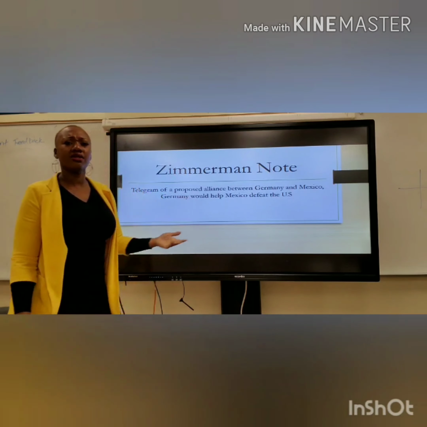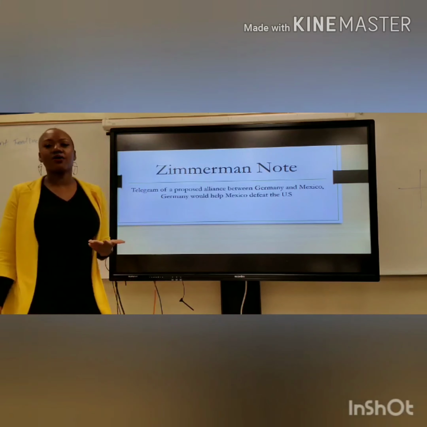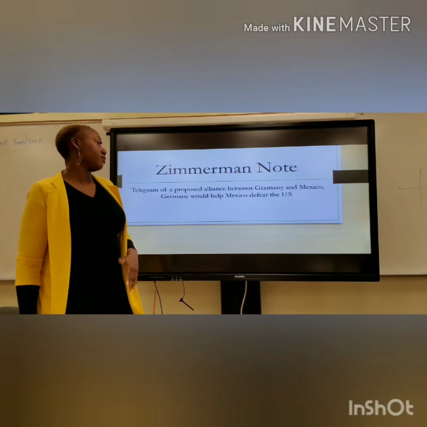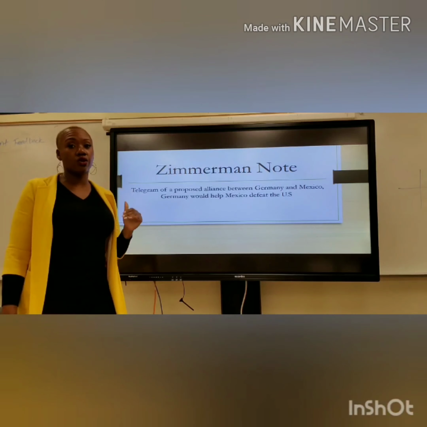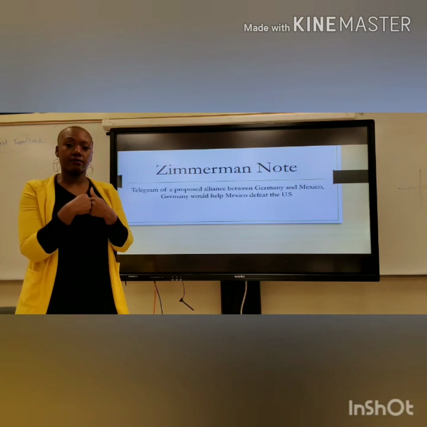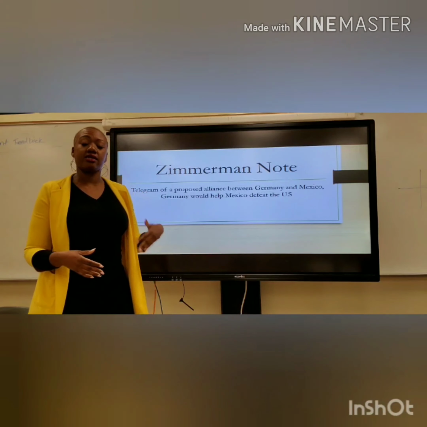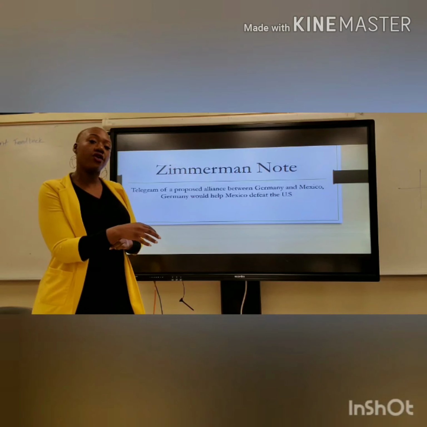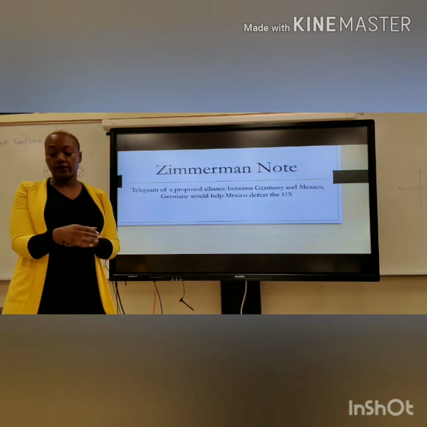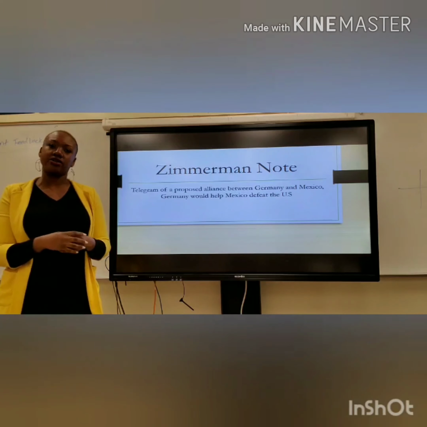So the Germans hollered at the Mexicans and were like, look, we already know y'all don't like the U.S. You're right next door to the United States. So we should link up and join forces to defeat the United States in retaliation for them taking away states like Texas, parts of Arizona, Nevada, you name it.